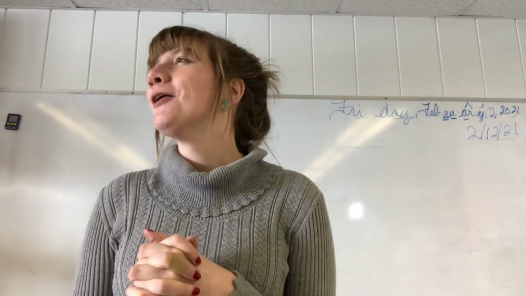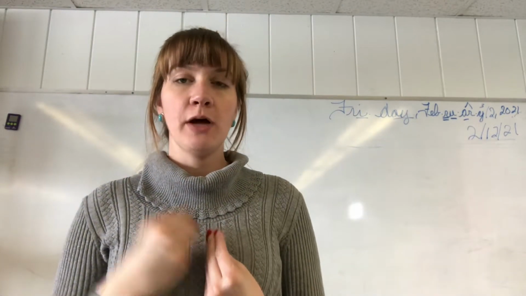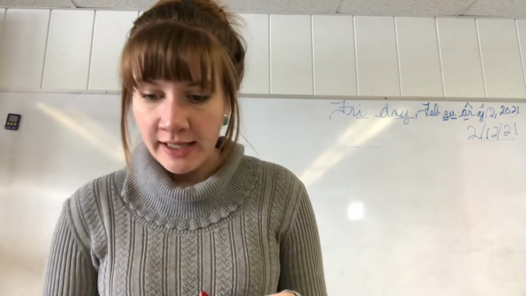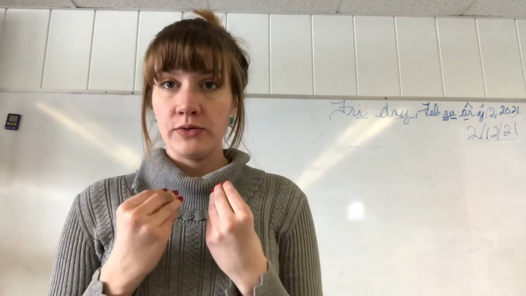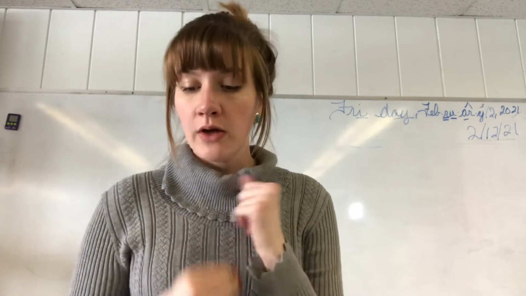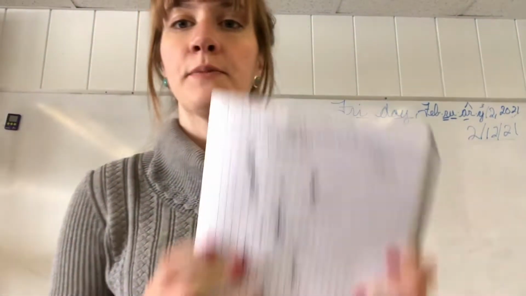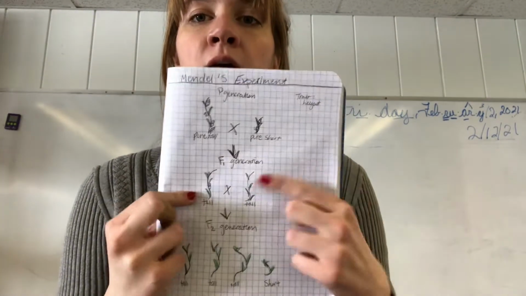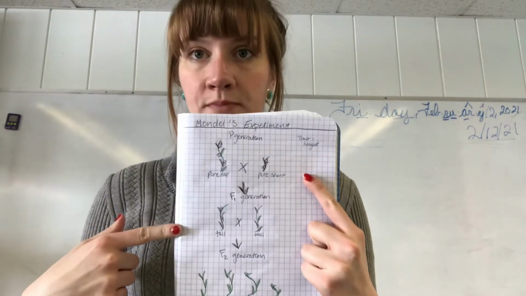So everything has something from the mom and something from the dad in their bodies. And we also talked about how sometimes one of those factors masks the other. So, for example, you have a tall parent and a short parent come together, and all of their children were tall.